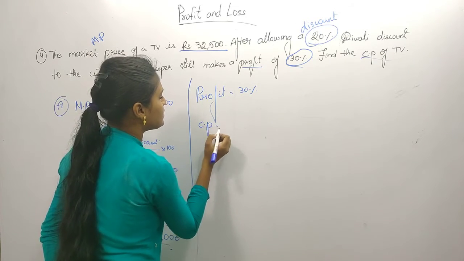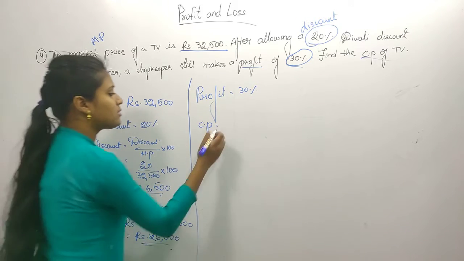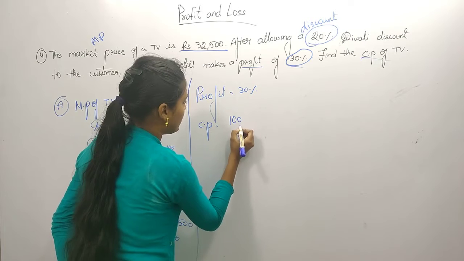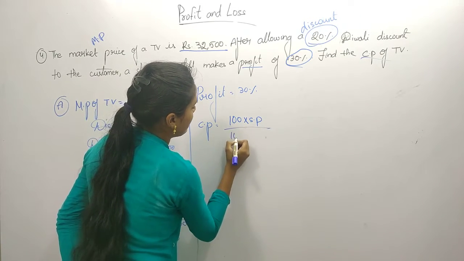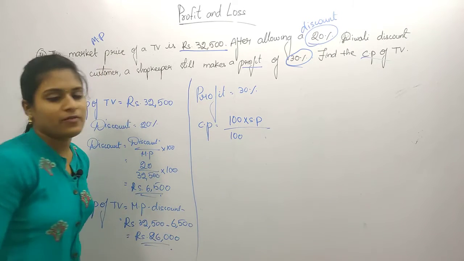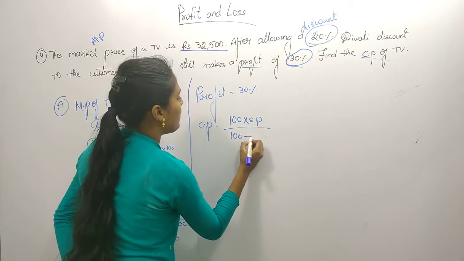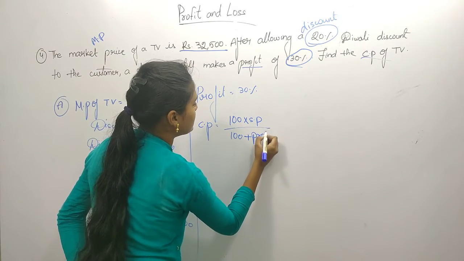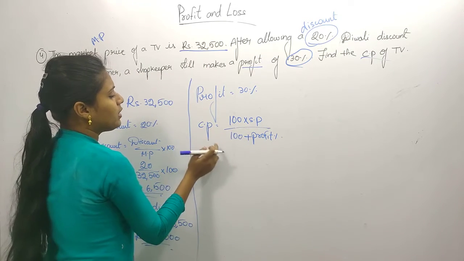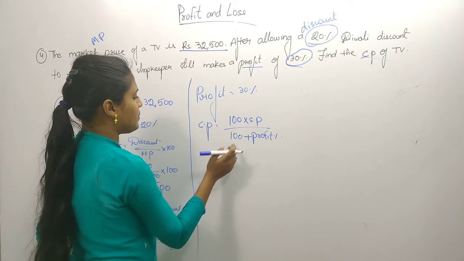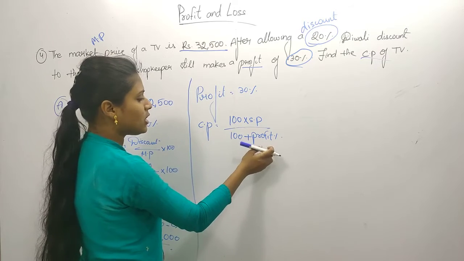The cost price formula in profit is cost price equals 100 into selling price by 100 plus profit percent. In loss, minus loss will come here: 100 into selling price by 100 minus loss percent.